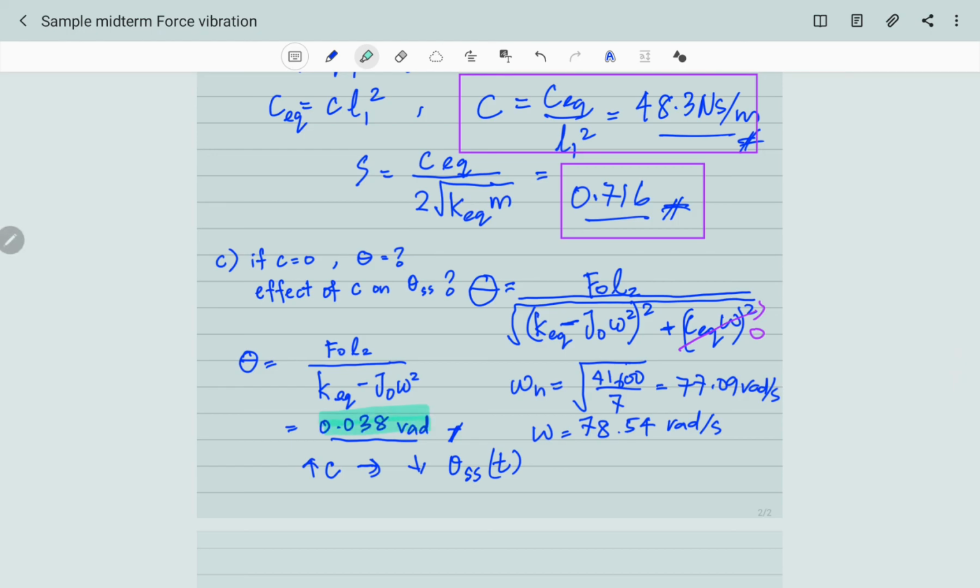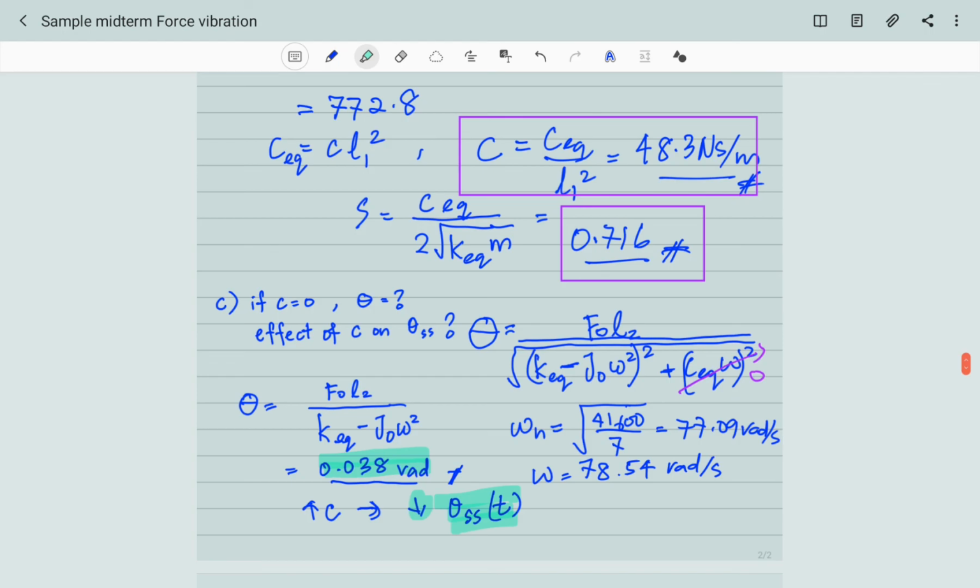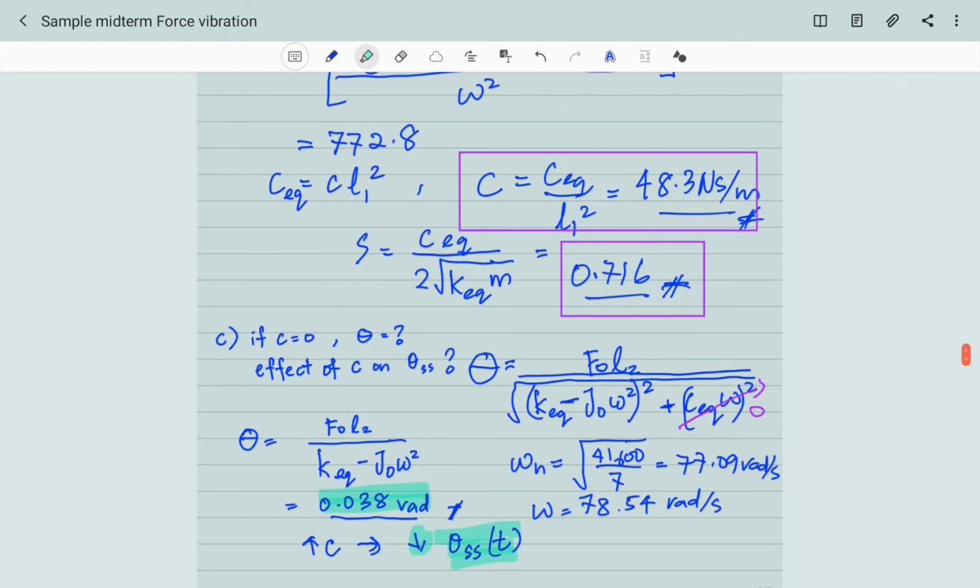So when you add damping, you reduce your amplitude as well as your steady state response. That should make sense, because higher damping will reduce the peak.